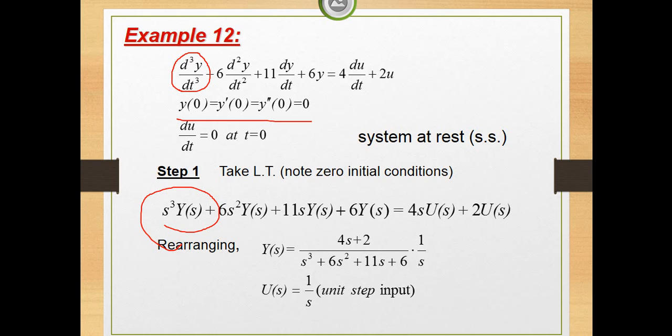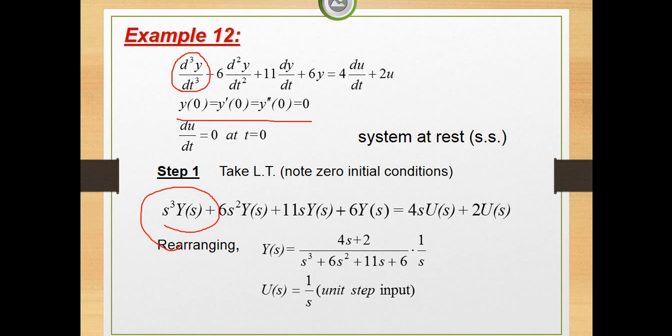That leaves you with the Laplace transform of 4 du dt being just equal to 4s u of s, because the next term, the u of 0, would simply be 0. This one is 2 u of s. The u of 0 is the value of your unknown function, being equal to 0.